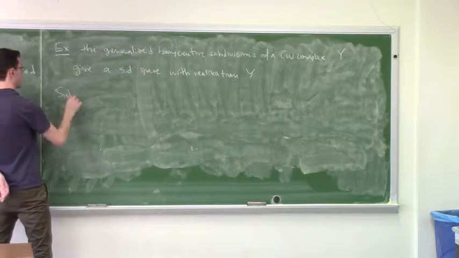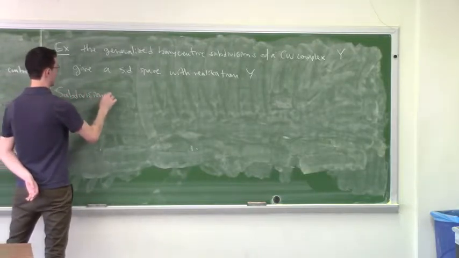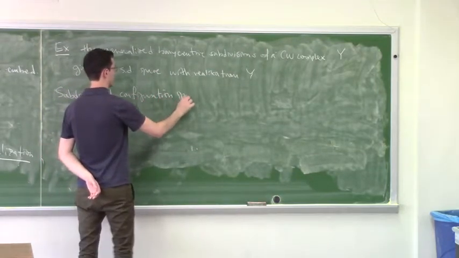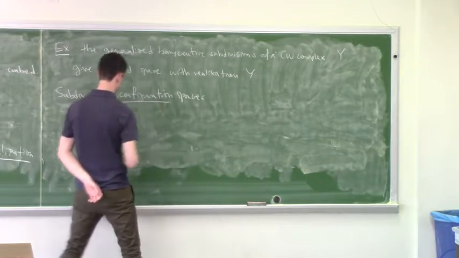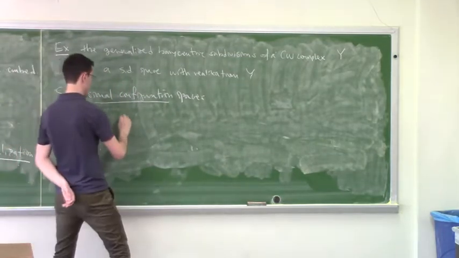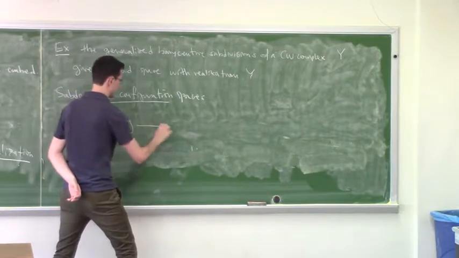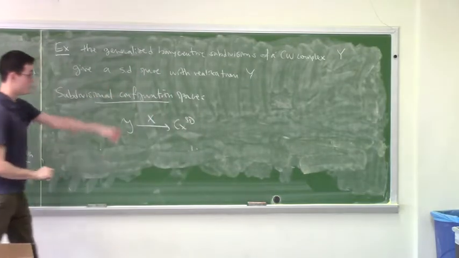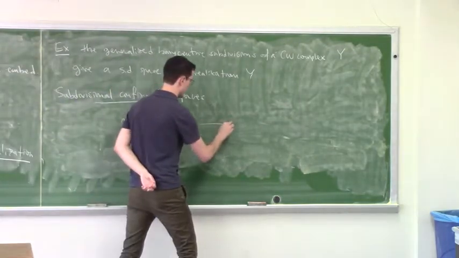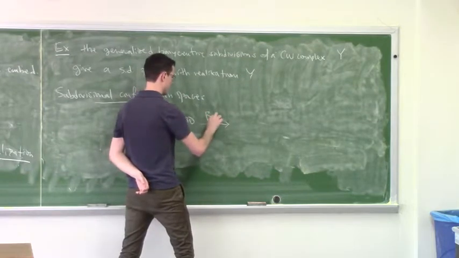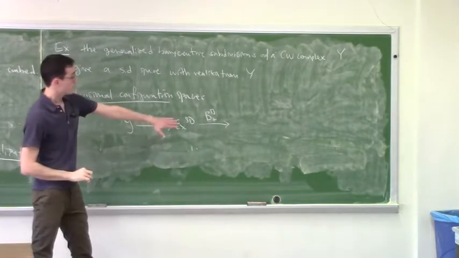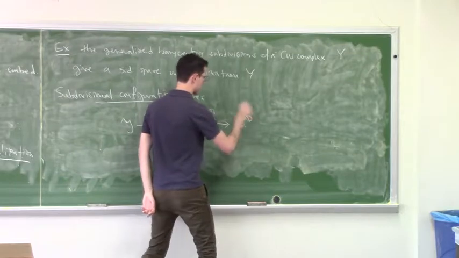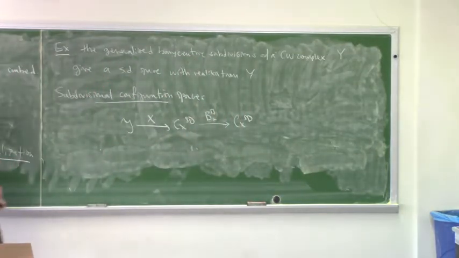So we have subdivisional configuration spaces. If I start with a subdivisional space X, which is indexed on I, then we saw earlier that the combinatorial approximation to the unordered configuration space is functorial for this kind of morphism.